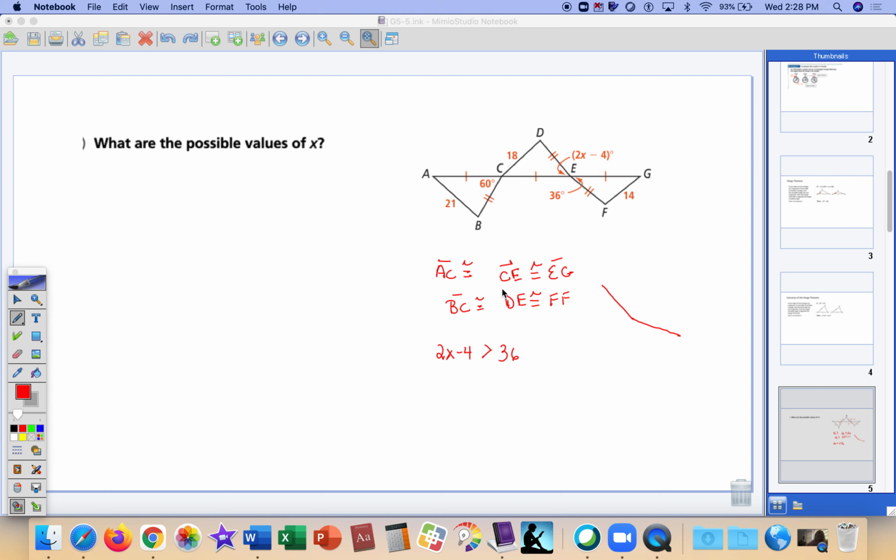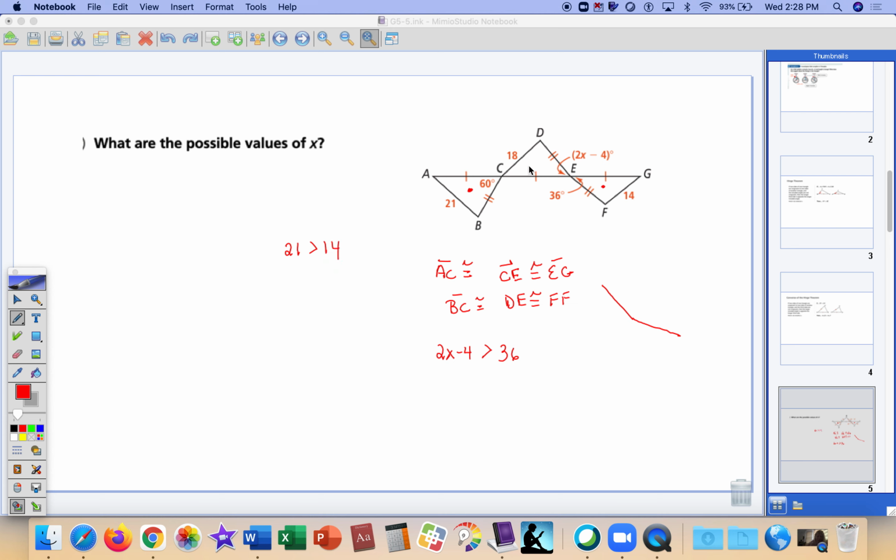So let's compare those. If we compare this triangle here and this triangle here, we know that the 60 degrees is greater than the 36 degrees. So we know that 21 has to be greater than 14. We already have that, so that doesn't tell us anything.